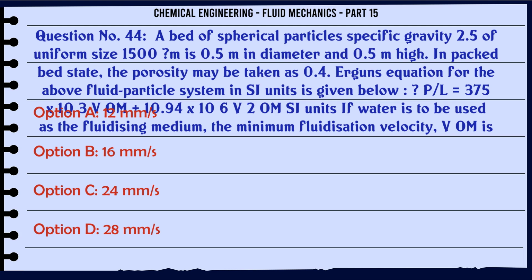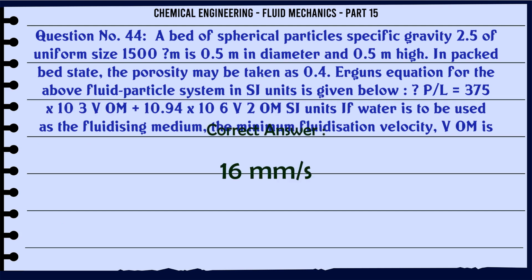If water is to be used as the fluidizing medium, the minimum fluidization velocity V_mf is A. 12 mm/s, B. 16 mm/s, C. 24 mm/s, D. 28 mm/s. The correct answer is 16 mm/s.